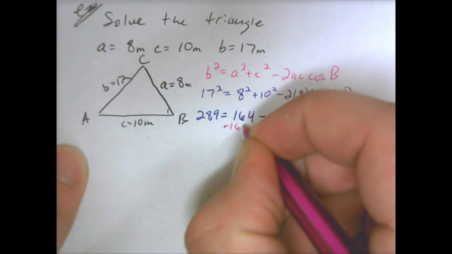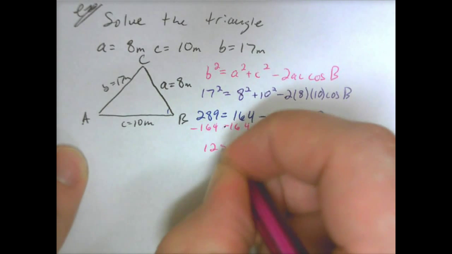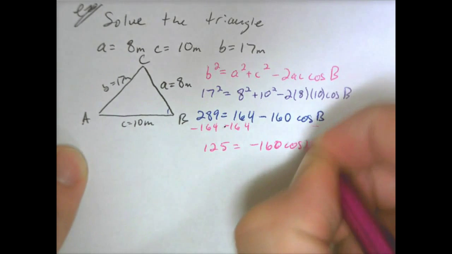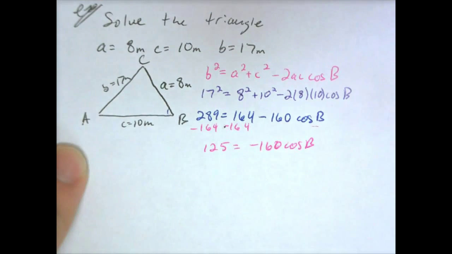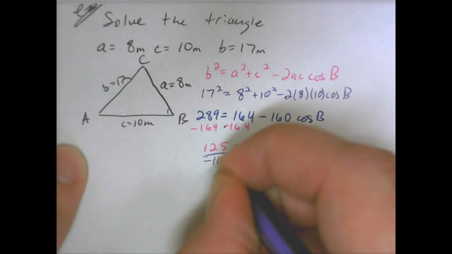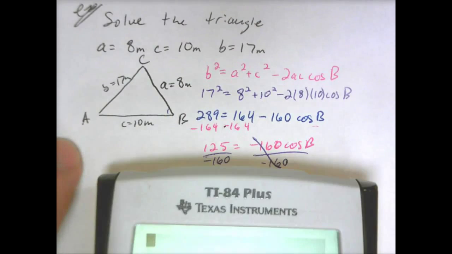So minus 164 minus 164. So we have 125 equals negative 160 cosine B. Divide by the negative 160. And type that into your calculator using cosine inverse.